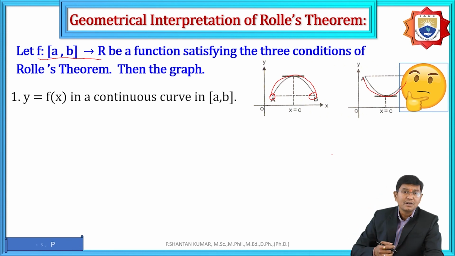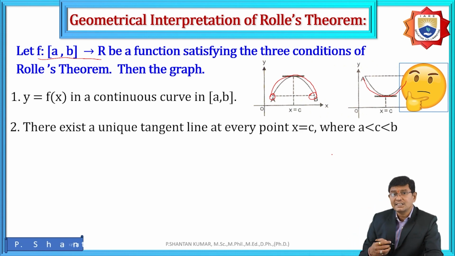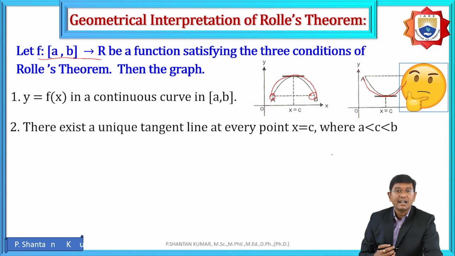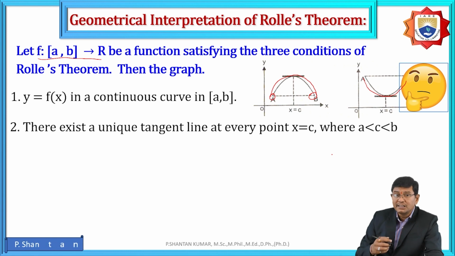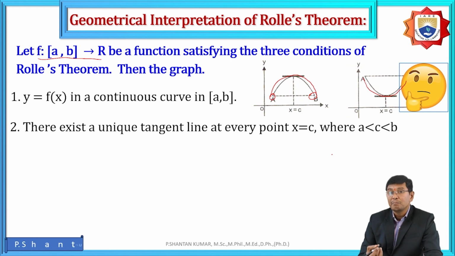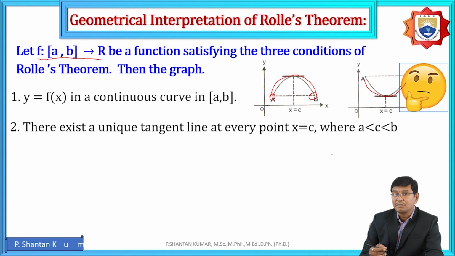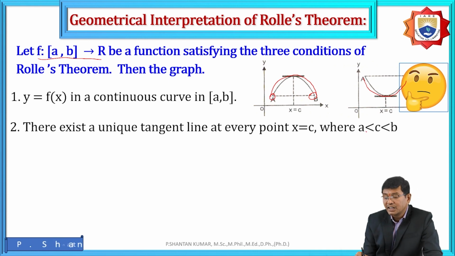And similarly, the second condition: there exists a unique tangent line at every point x equal to c, wherever a is less than c is less than b. This is not a closed interval; indirectly it is an open interval, because the point is somewhere in between a comma b. It is not mentioned as equal to, it is given only as less than. That means it is an open interval.